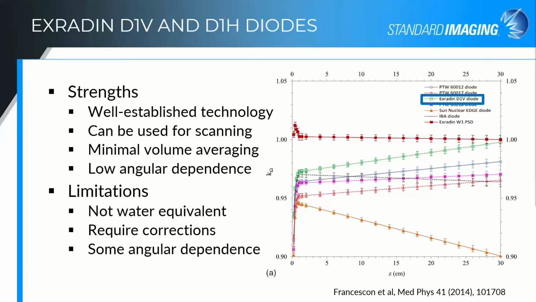No bias, of course. They provide minimal volume averaging because we get that higher signal. You can use that smaller detector area and still get a nice high signal. And our diodes have a low angular dependence for these types of applications. There is an angular dependence. You'll find that with pretty much all diodes, again because of the densities and the way they operate.